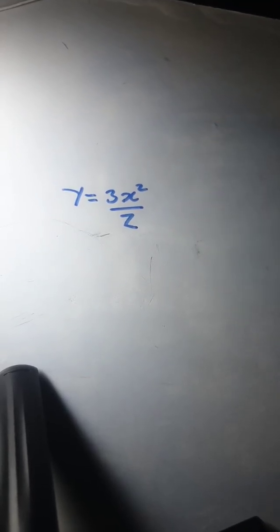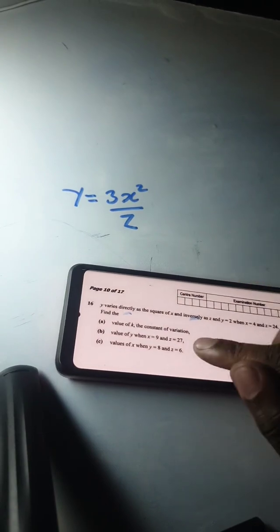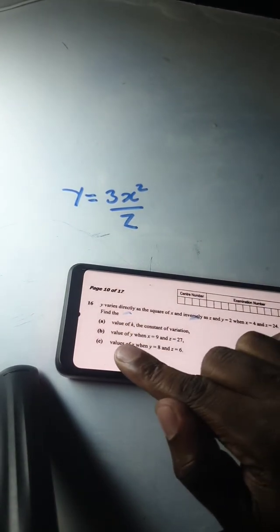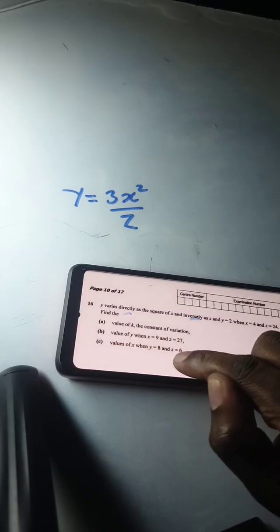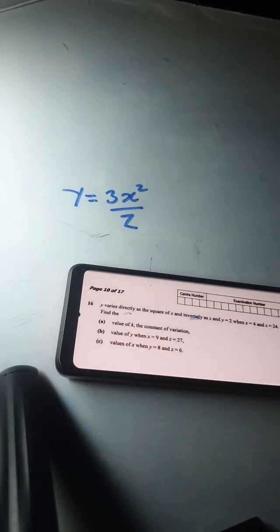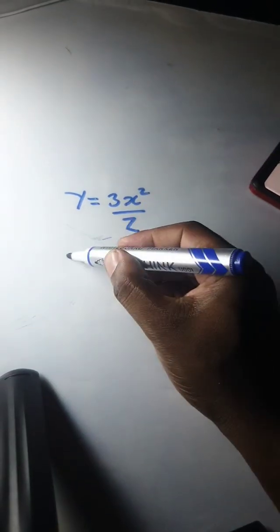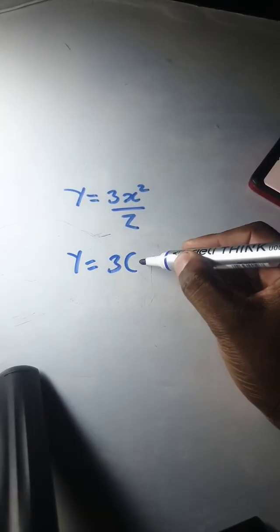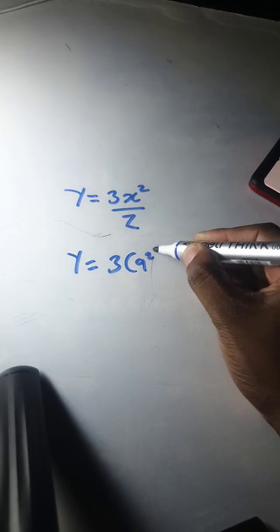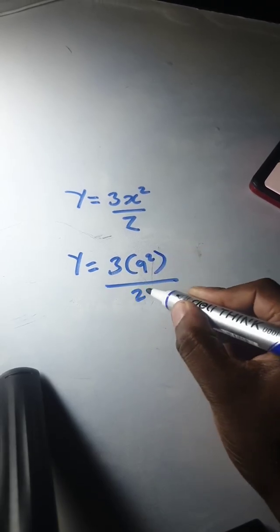So the next question, my good friends, is saying find the value of y when x is 9 and z is 27. So we say y is equal to 3 multiplying by 9 squared over 27.